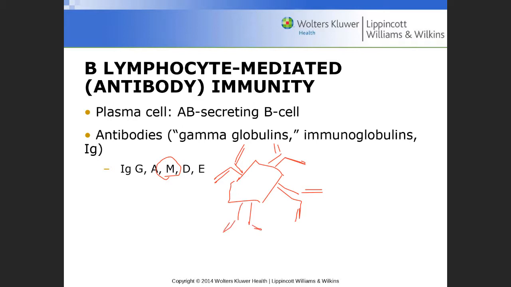And so IgM would have 10 antigen binding sites. 1, 2, 3, 4, 5, 6, 7, 8, 9, 10.